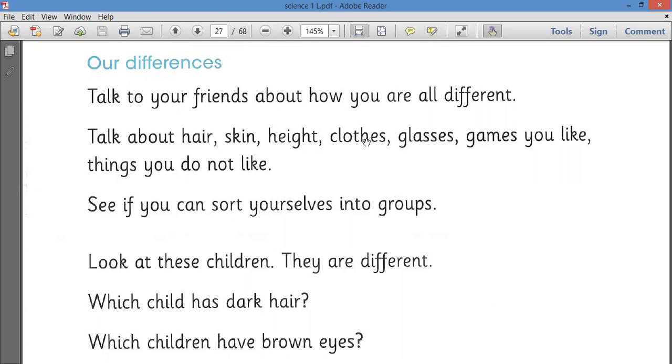Some of them like vanilla. So this is also a difference. We cannot say that in grade 1C, all of them like chocolate ice cream. No, everyone has a different personality. Everyone has different choices. Okay, understood?